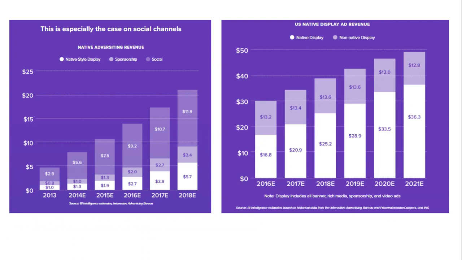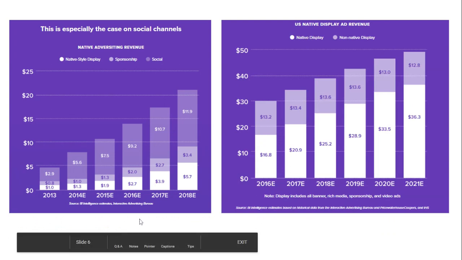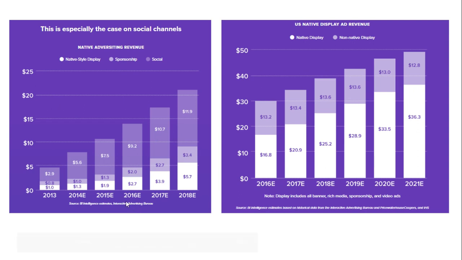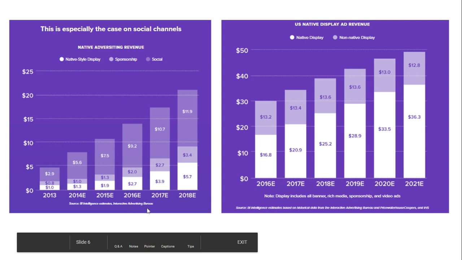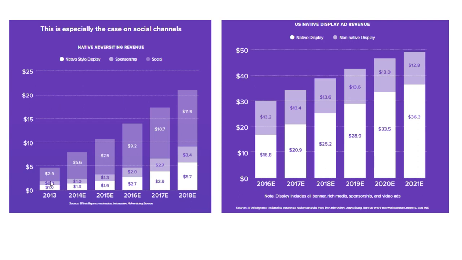Okay, so this is one piece of data that I've collected from AdRoll's blog, and it was reported by Interactive, IAB and BI Intelligence. You can see that native advertising on social channels has increased by 2018 to five times what it was in 2013.